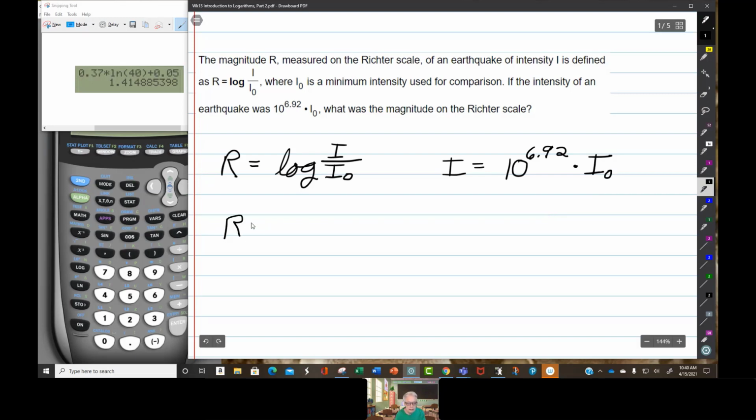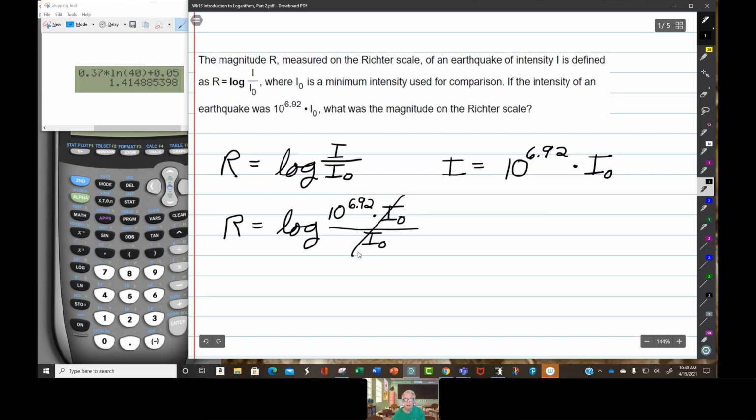R equals the log of 10 to the 6.92 power times I naught. So it's this many times greater than the I naught basic baby earthquake, over I naught.